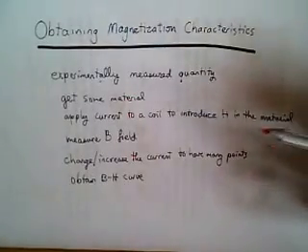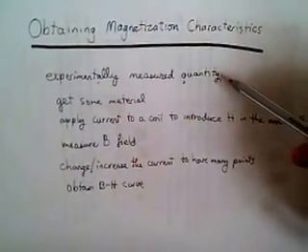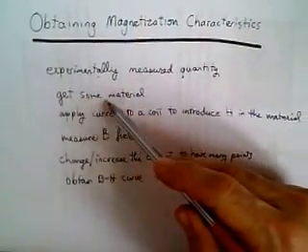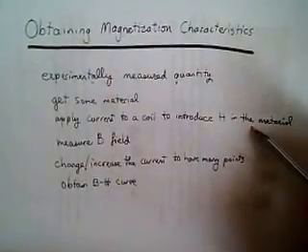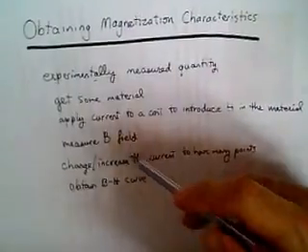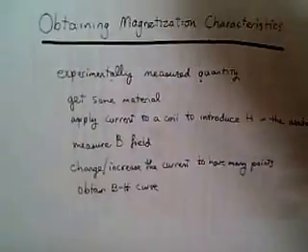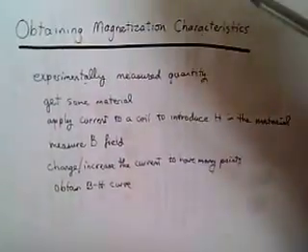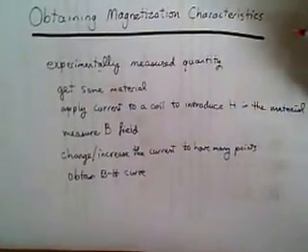We have to do the experiment for as many points as possible, so the current is changed gradually, step by step. First we get some material, then we apply current to a coil to introduce H in the material, then we measure the B field in that material. We cannot go into the crystal between the atoms, that's problematic, but approximately we can insert a little magnetic field sensor in the material, but that has some measurement errors as well.